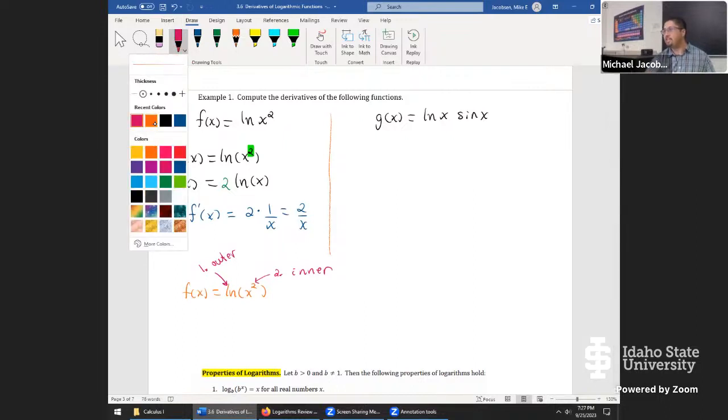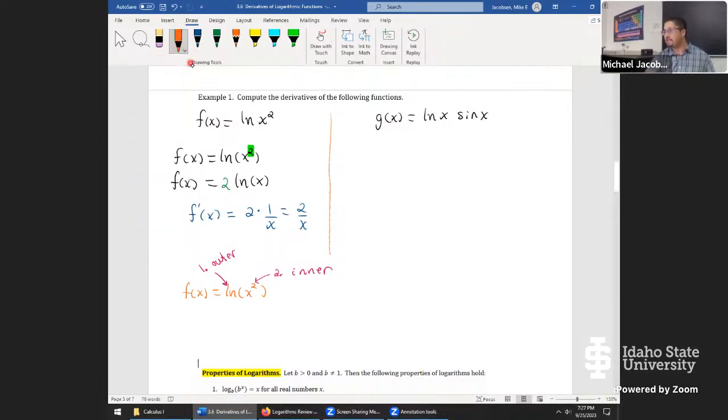And so upon differentiation, here's what happens to this thing. F prime at x will become, differentiate the outer function first. What the natural log always does is it produces a 1 in the numerator and throws your input down below into a denominator. And as per chain rule, we multiply by the derivative of that input.